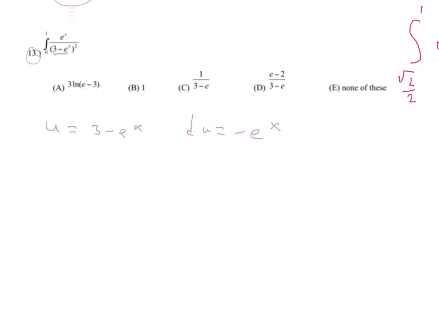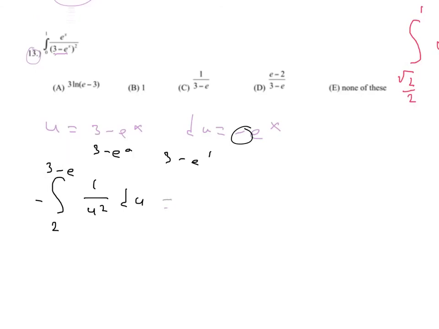So let's rewrite this as 1 over u squared du, except we have to take into account this negative sign, so negative 1 over u squared du. And we need to change our limits of integration. So 3 minus e to the 0, 3 minus 1 is 2, 3 minus e to the first is 3 minus e.